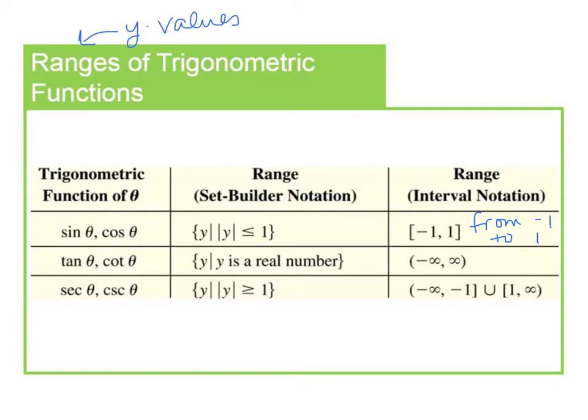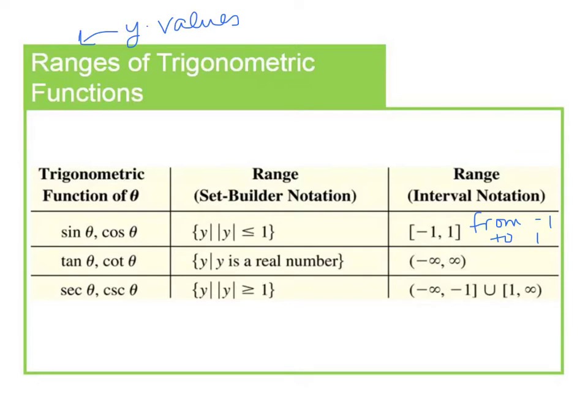If you put into your calculator the sine of an angle and you get something larger than 1 or smaller than -1, check the mode, because you might be in radian mode rather than in degree mode. But you should never have a sine or cosine of an angle that's outside of the values -1 to +1. It can be equal to those two, but it can't be larger than 1, it can't be smaller than -1.